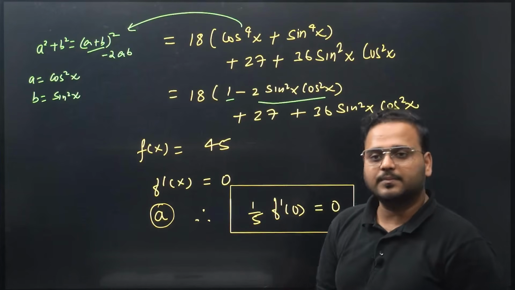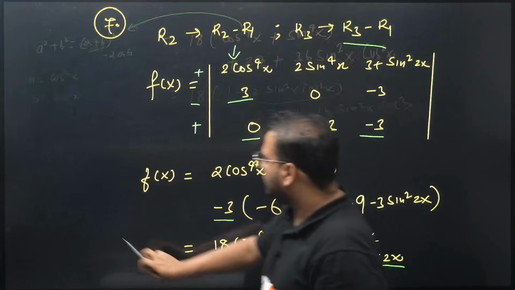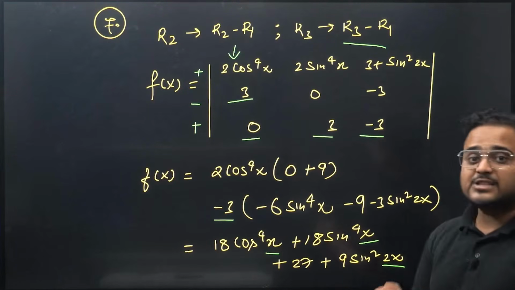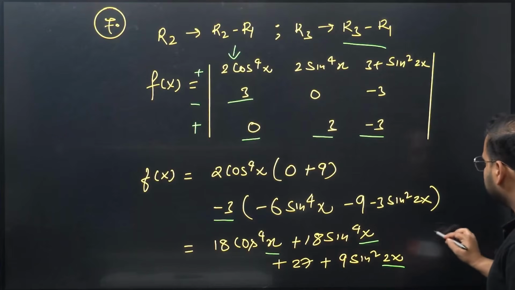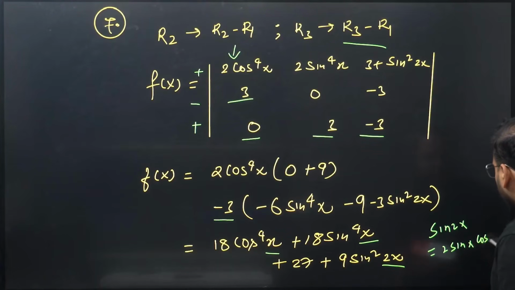Any problem so far? No. Okay, and over here we had 9 sin square 2x. Check. Sin 2x is nothing but 2 sin x cos x. Now take a square of that.